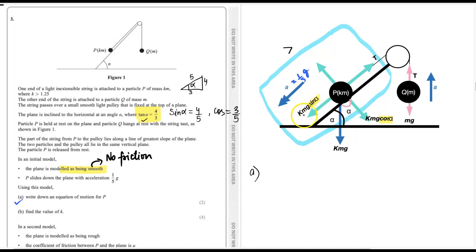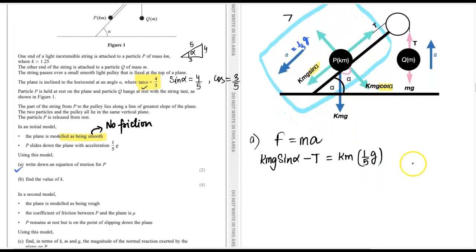So we have kmg sin alpha here and T over there, so obviously kmg sin alpha is stronger than T. We are going to use F equals ma. The resultant force is represented as kmg sin alpha minus T, which is equal to mass km times acceleration 1/5 of g.